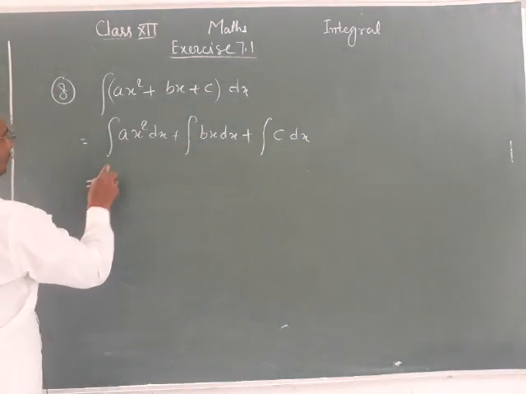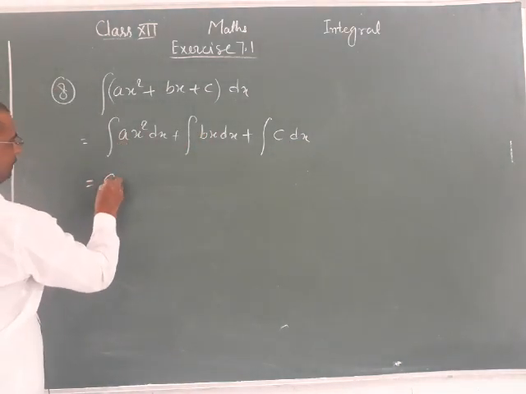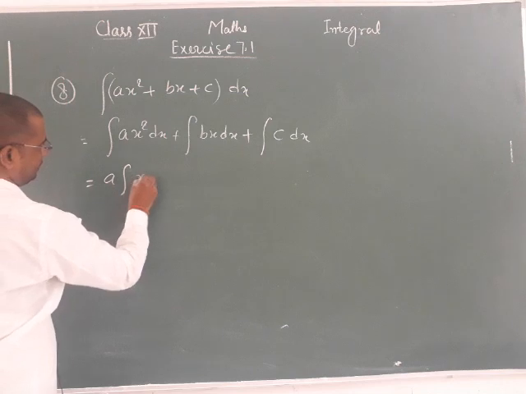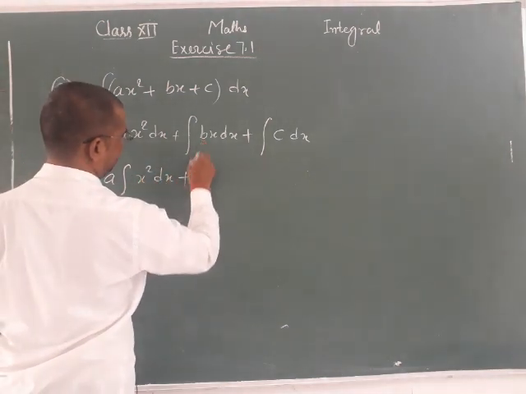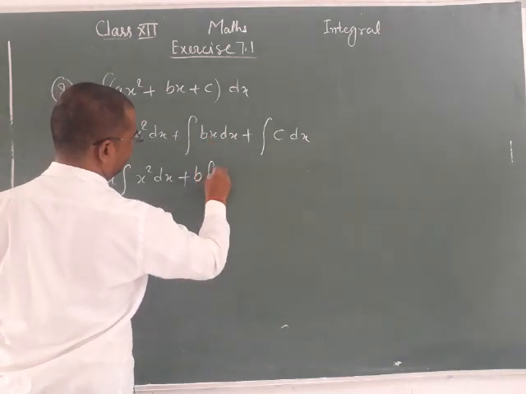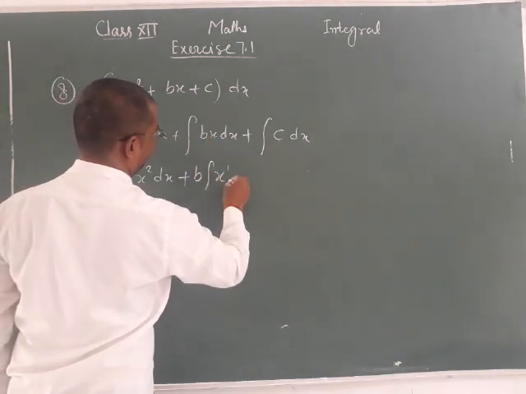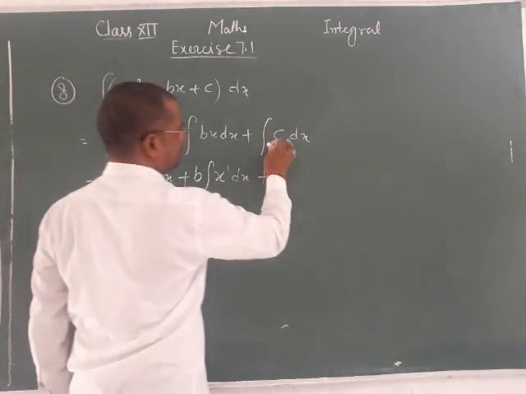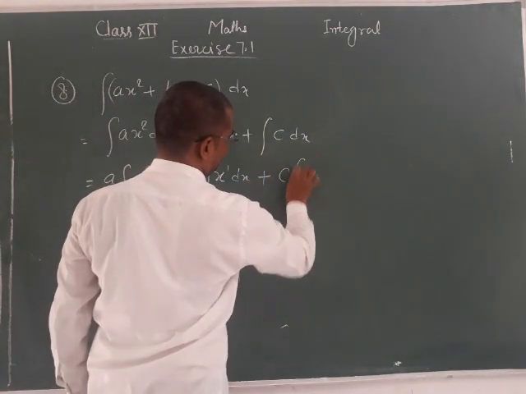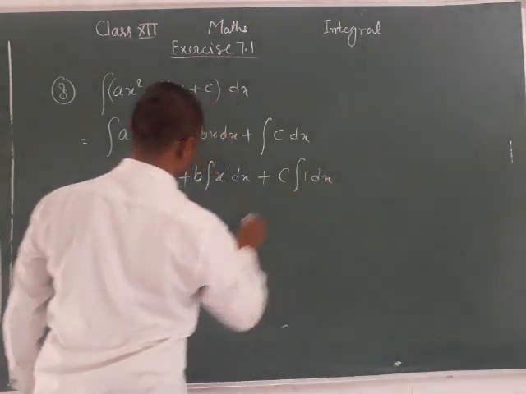Also common out the constant a: integral of x power 2 dx, plus b common out: integral of x power 1 dx, and also the constant c common out: integration of 1 dx.